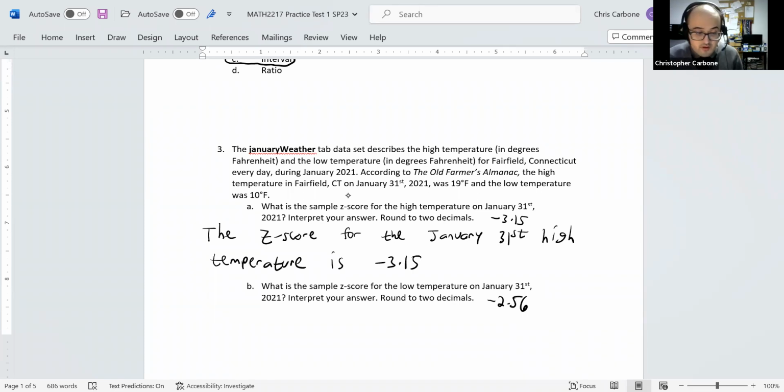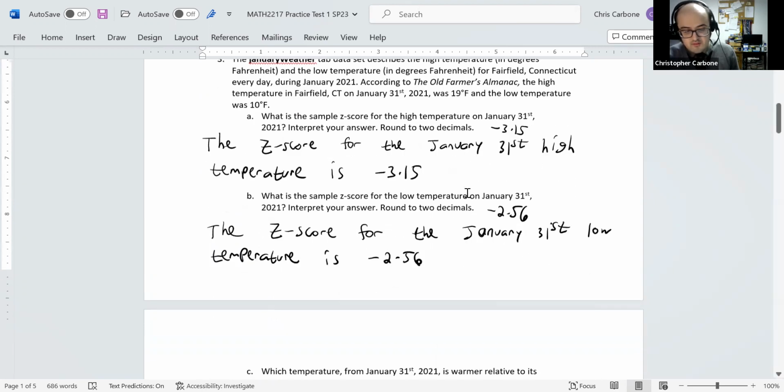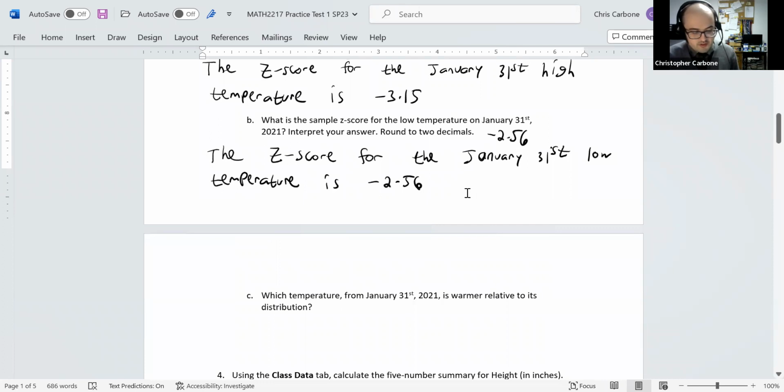While for the low temperature, this would be the z-score for the January 31st low temperature is negative 2.56.